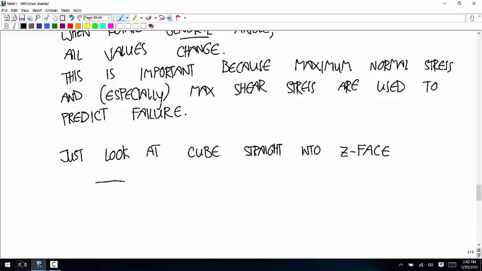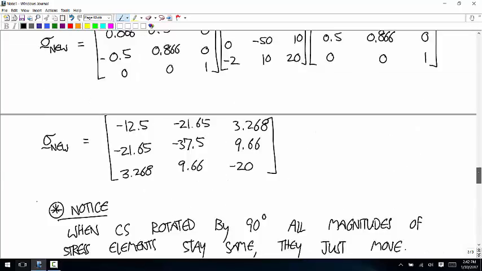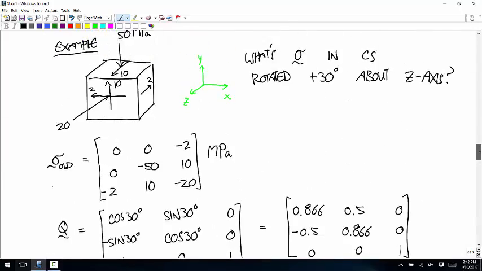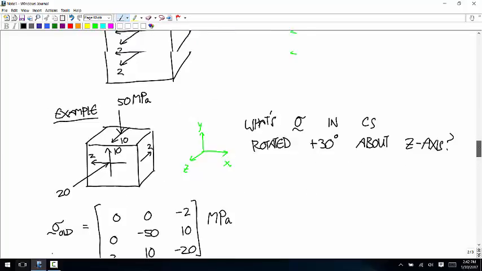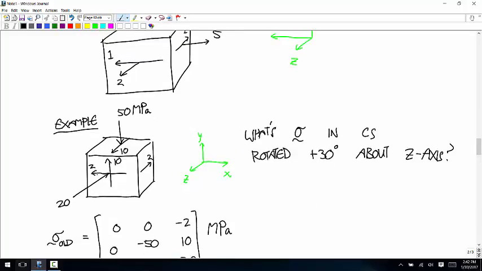Okay, so before the coordinate system transformation, we're not going to see that 2 or the 10, but we do see, is that going to work? Okay, so on the z face, we have the 20, the 2, and the 10.